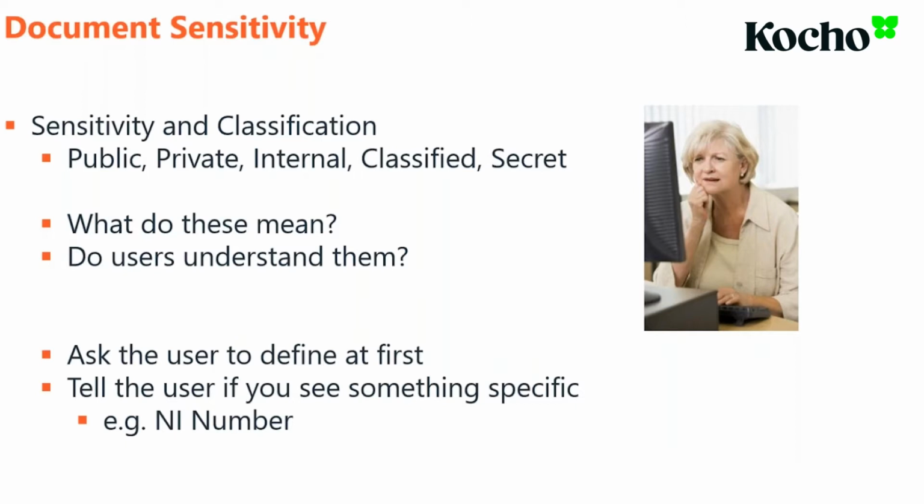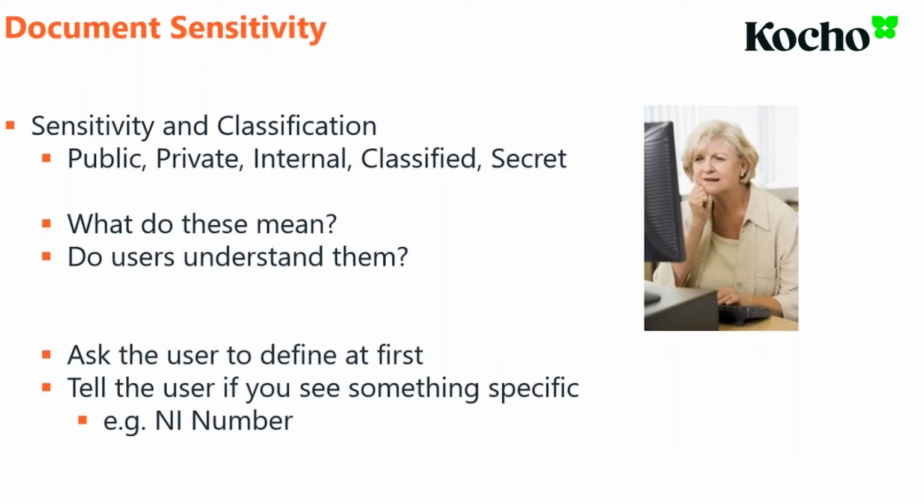When we start to talk about this document sensitivity, which is really around what's inside the document, we need to start off by trusting the user. The user knows that they're typing a document which is going to be marketing collateral, or they're typing a document which is specifically HR process or policy, or maybe they're typing up an HR document that's approving somebody's promotion and pay rise.